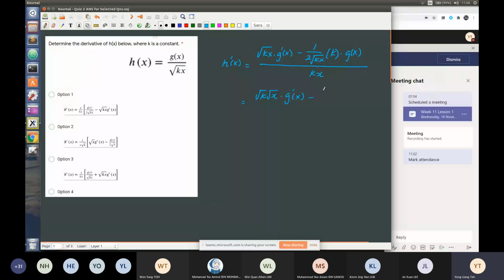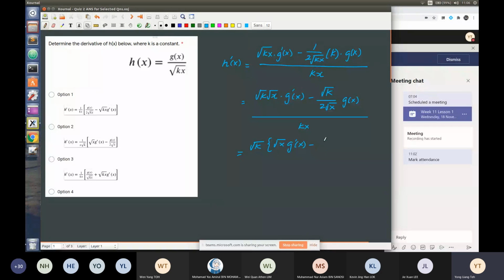So you're just going to get a square root k over 2 square root x times g of x. Of course this is power 1, this is power half, so the numerator has power half, and this is over kx. So if you factorize out the square root k and then you divide off, you're just going to get square root k. Then this is just the same stuff.